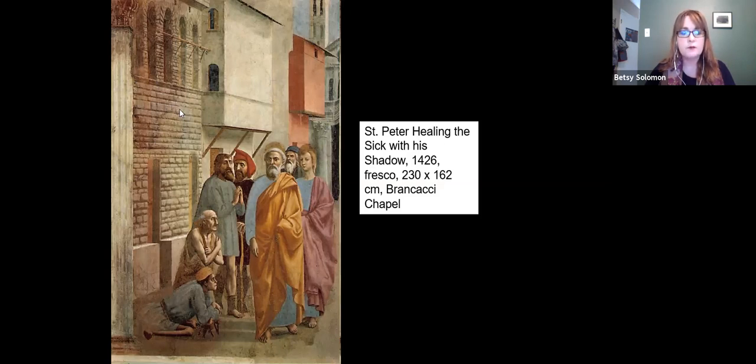Now I'm going to point out another thing that maybe one of you know, but if not, I'll give you this little bit of trivia. So you see this face right in between St. Peter and his attending figure here, this little face in the background. That is a portrait, and it's a portrait of Donatello.